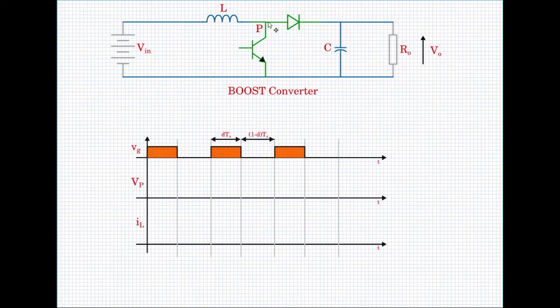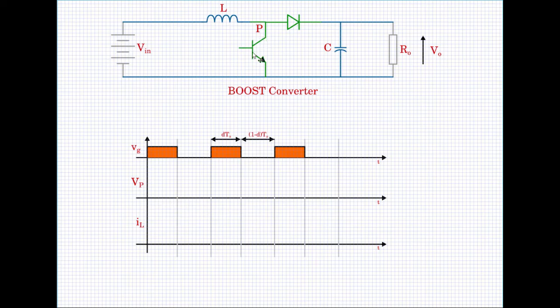Now take the pole voltage. Here also the two critical things we have to see are the pole voltage and the current through the inductor. These two will give the information to rate your devices and components. As before, the pole voltage here is easy to deduce. When the device is on, the pole voltage will be 0. Whenever the gate drive is given, the pole voltage will be 0.